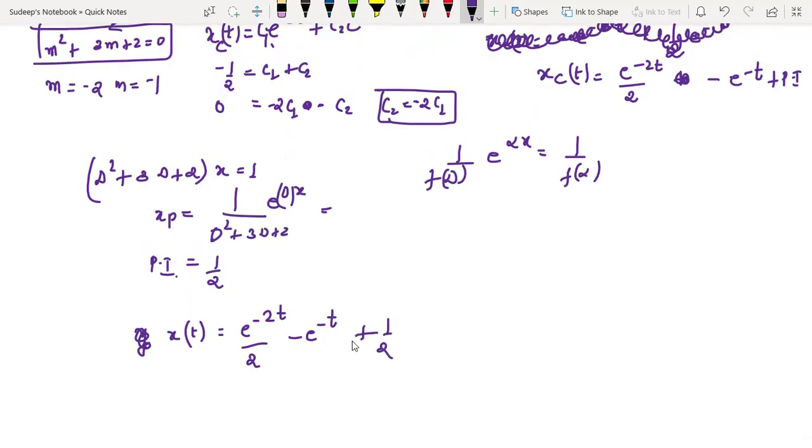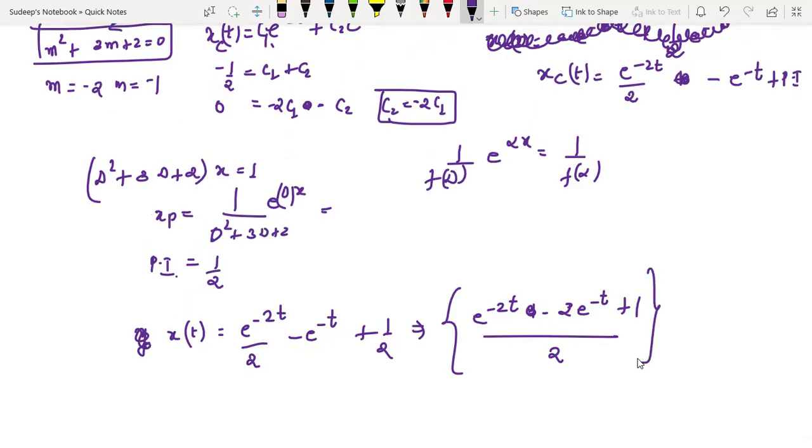If I think it is correct, it will be e raised to power minus 2t minus 2e raised to power minus t plus 1, all upon 2. If you think there is some mistake I have done, please see. Okay, so I think this should be the correct answer.